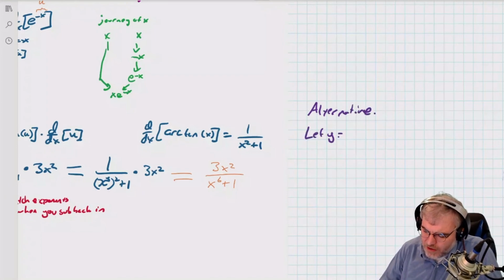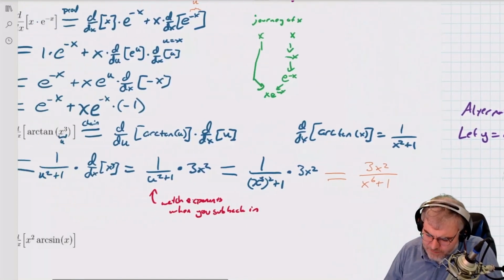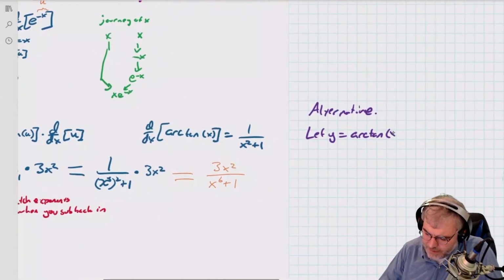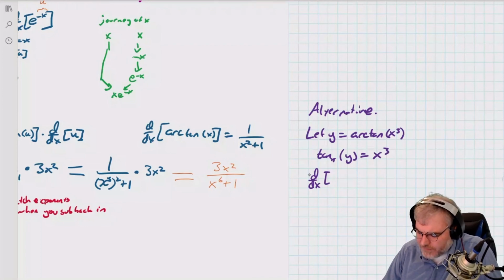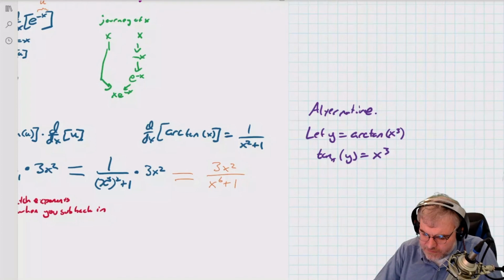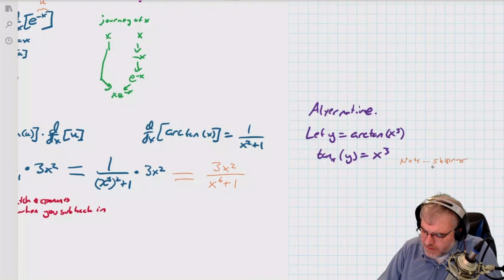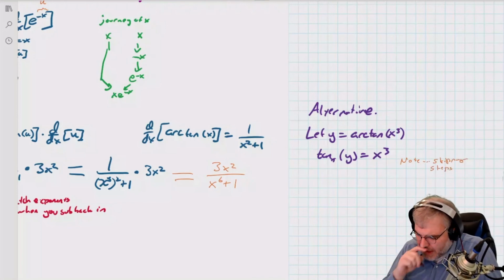Let y equal arctan of, what was it? x cubed? Yeah. All right, then that means tan of y equals x cubed. Now I take the derivative of both sides, and I end up with d over dx of tan y. Note, I'm skipping steps, and if I mess it up, yell at me for skipping steps.